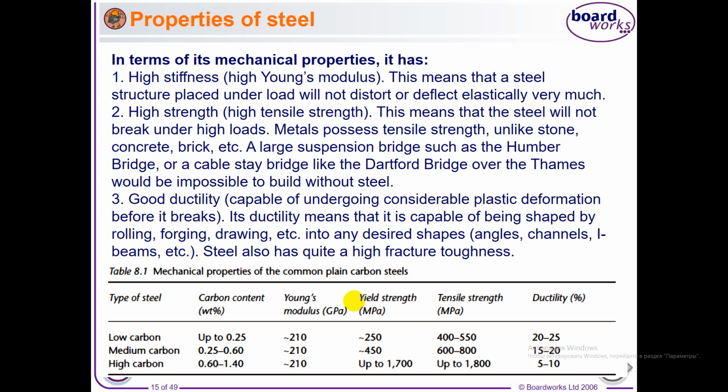Metal possesses tensile strength unlike stone, concrete, brick, and others. A large suspension bridge such as Humber Bridge or a cable stay bridge like the Dartford Bridge over the Thames would be impossible to build without steel.